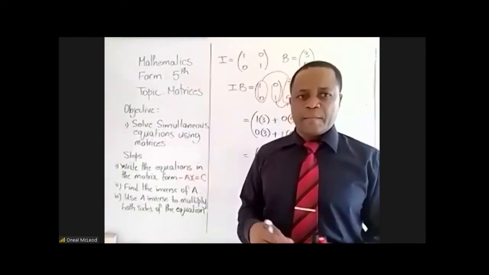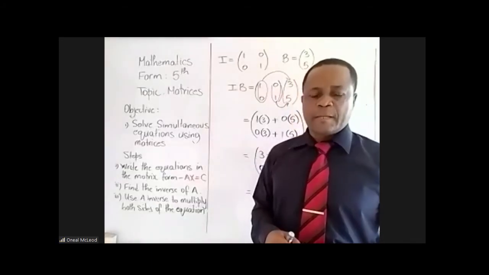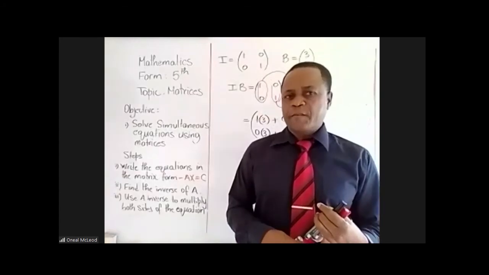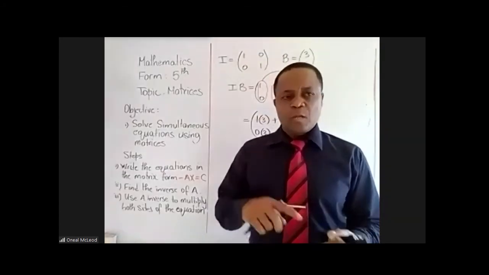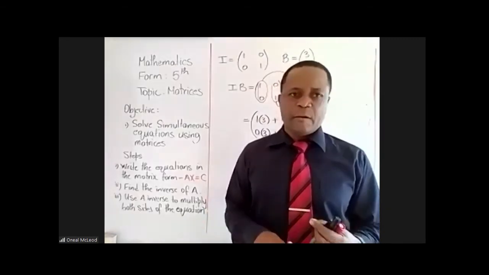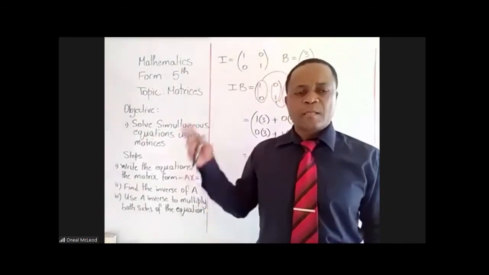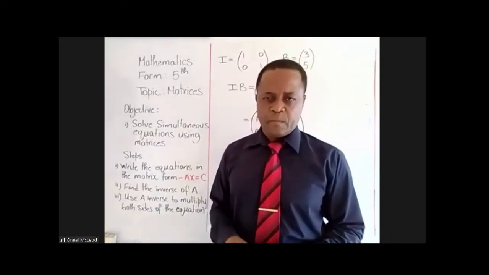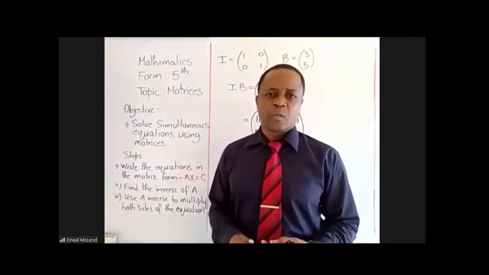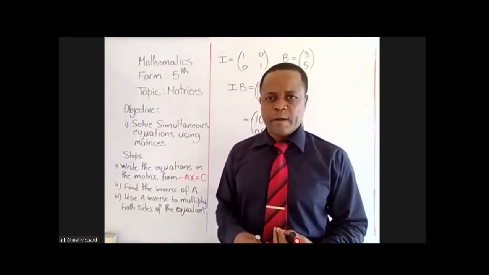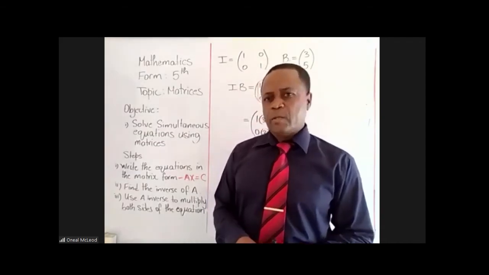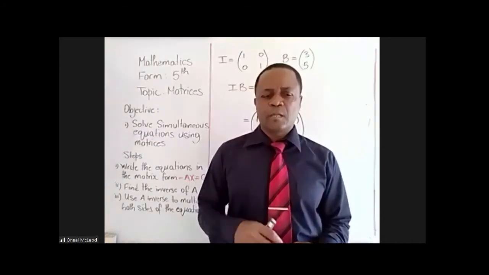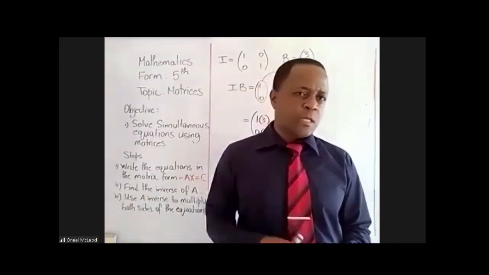Now, given that you're able to find the inverse of a 2 by 2 matrix and you know how to do general multiplication, solving a pair of simultaneous equations should be very, very simple for all you students who are watching this program right now. So what is it that we're going to be doing now? We're going to be solving a pair of simultaneous equations using the matrix method. So let's go.